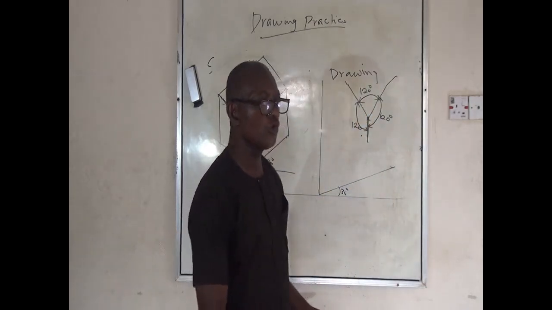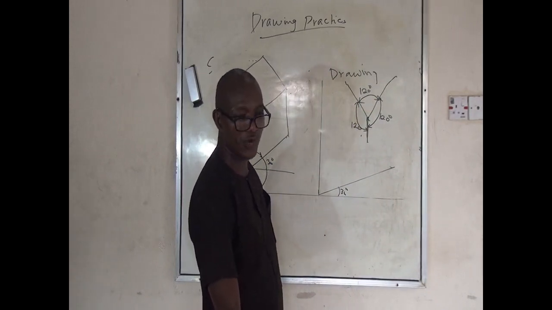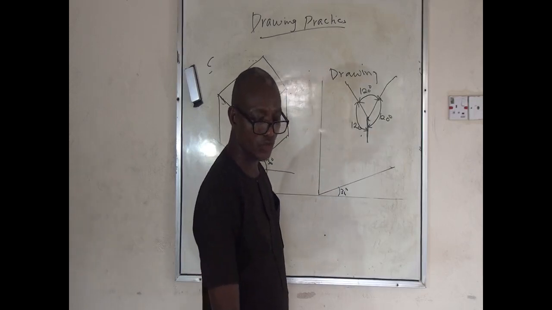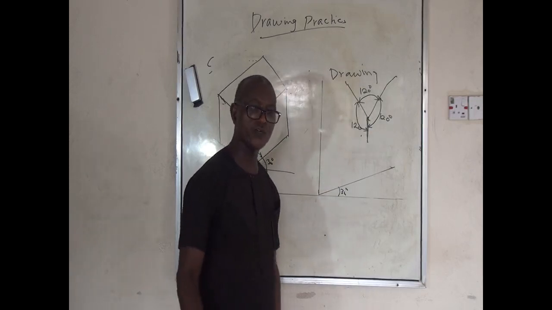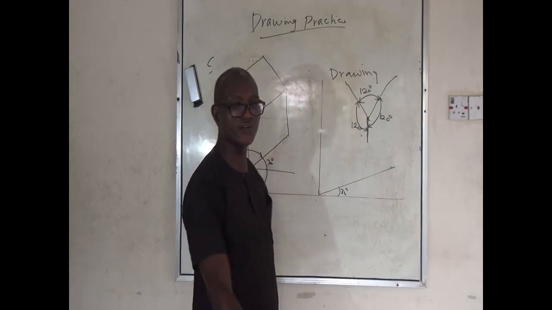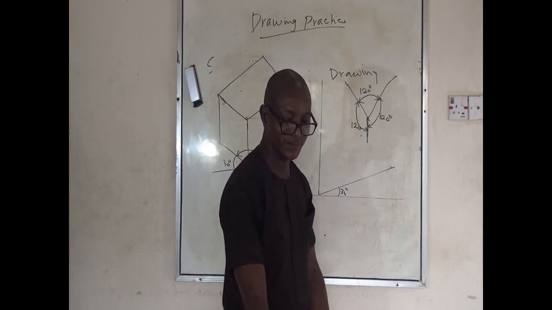So you need to have your drawing board, your T-square, your set square, your scale rule, and other drawing materials like your pencils, eraser, and the rest.